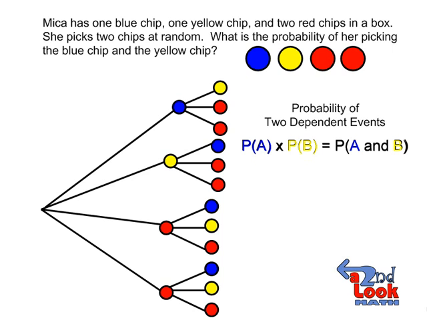But before we get into that, I want to highlight once again the possible ways that these two events could unfold. So Micah could draw a blue, then a yellow. She could draw a blue, then a red. A blue, then she could draw the other red. So there's kind of two possible options of her drawing blue, then red.